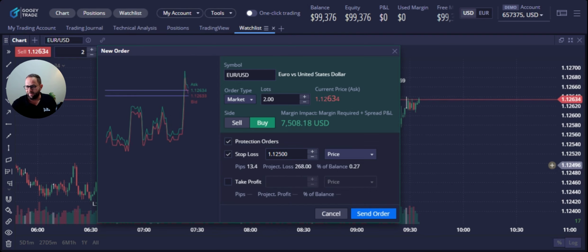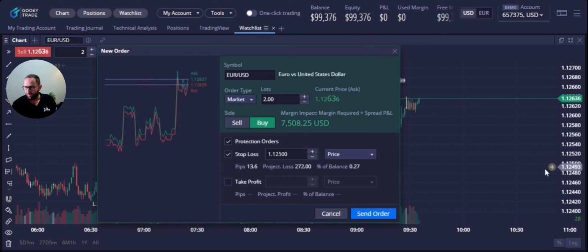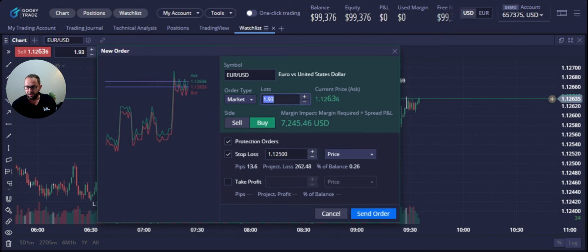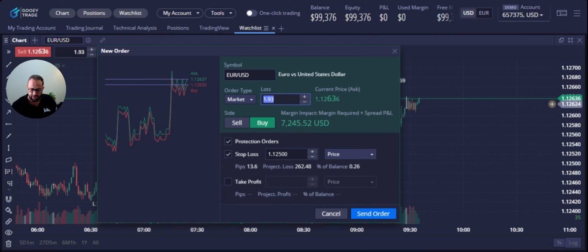Let's say like 0.5%, for example. Now that would be $125. If you wanted to keep your stop loss at 1.12500, then you'll have to further decrease your lot size, right? So in this case, it will probably be one lot. So that's almost plus minus 0.5% of your account size.